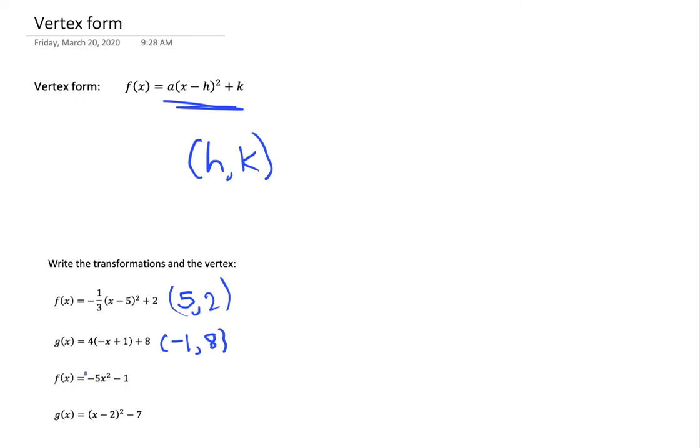The vertex of this one, h, is actually 0 because it's not in parentheses, so it's just 0. It would look like -5(x - 0)^2 + 1. So the vertex of this one is going to be (0, -1). And lastly, this vertex is going to be (2, -7). And the transformations on that is just right 2, down 7.